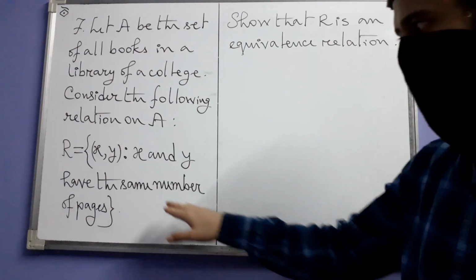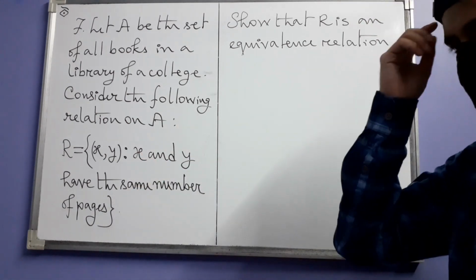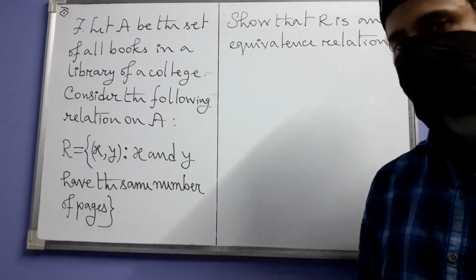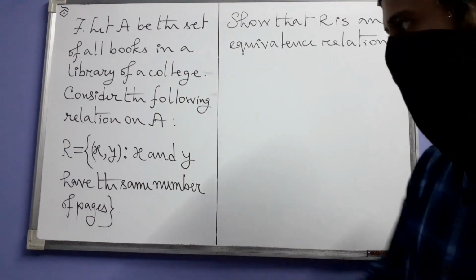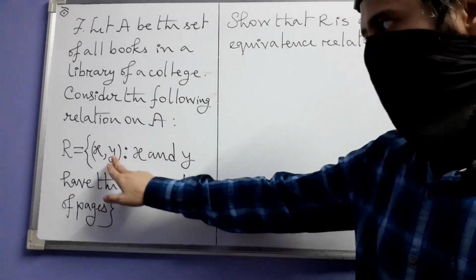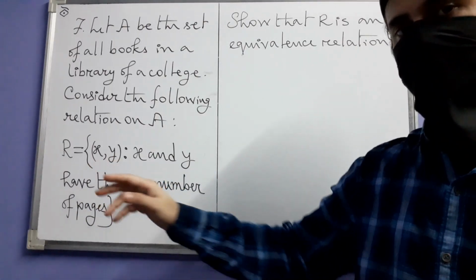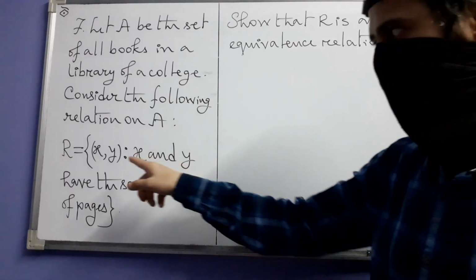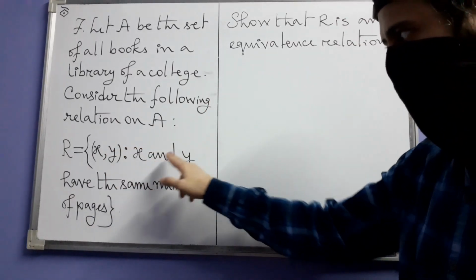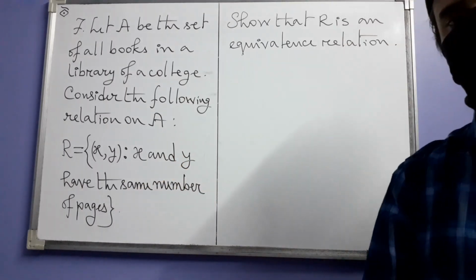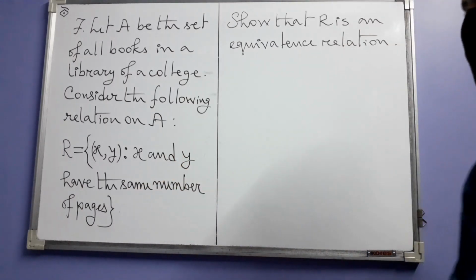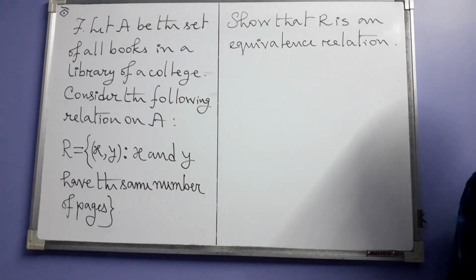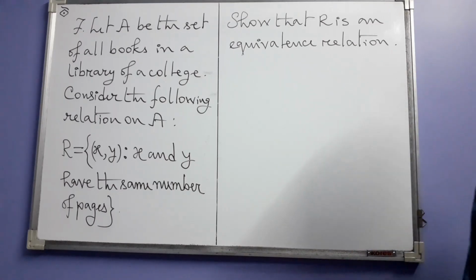And on A, we have this relation, which of course would relate 2 books from that library. And the ordered pair of books is (X, Y). So here X and Y are 2 books from that library. We say that X is related to Y if X and Y have the same number of pages. We have to show that this is an equivalence relation on A.